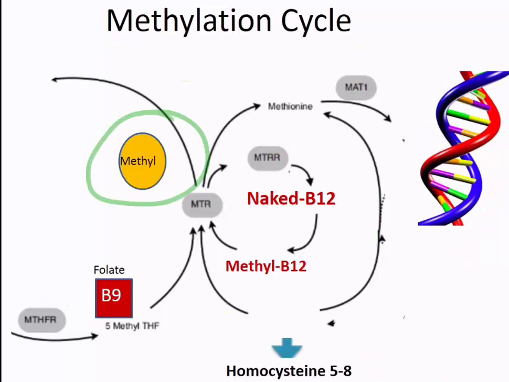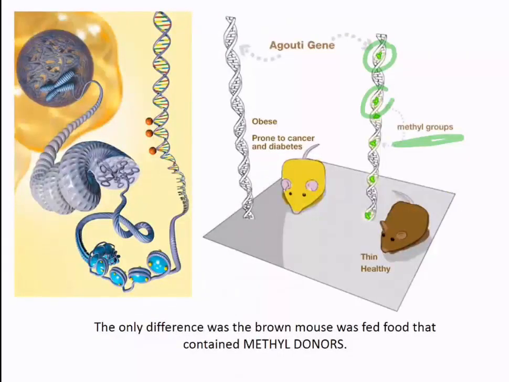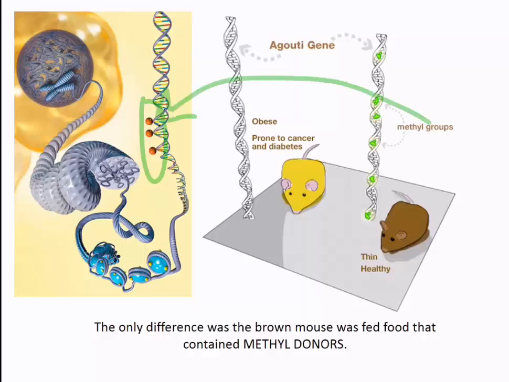That's this part right here, so you can see this part is being placed on the DNA. You can see this right here, that's the methyl group, and this little strand, that's the DNA. I put a better picture of it right here. That right there is the methyl group on the DNA. So this was an amazing study.